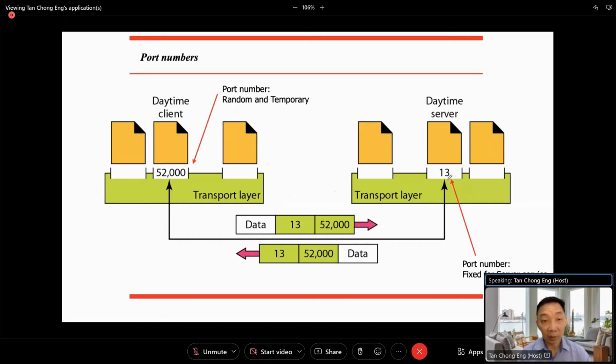So see, the data is being transferred between the 2 computers, this one and another one, by using the transport layer. What you see on the transport layer is your data, and it all goes according to the destination port number.